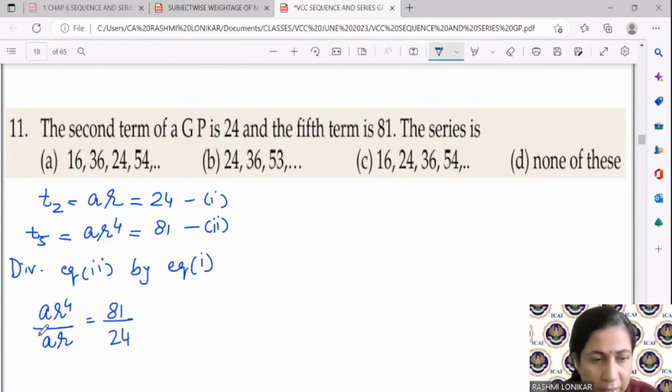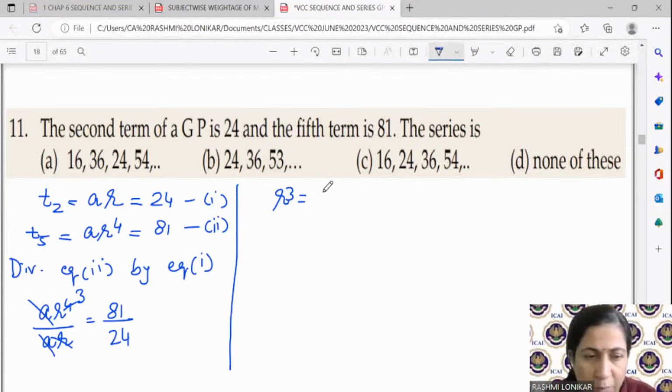This A gets cancelled. This R gets cancelled over here. You get R cube equal to 81 upon 24. So 3 8s are 24, 3 2s are 6, and 27 3s are 81. So this is 27 upon 8.